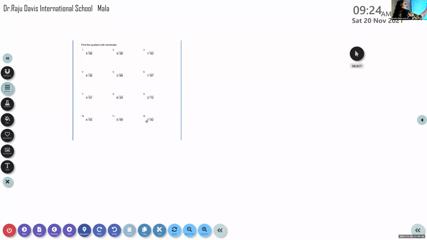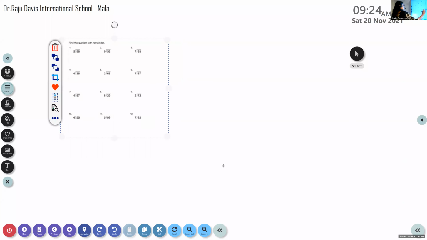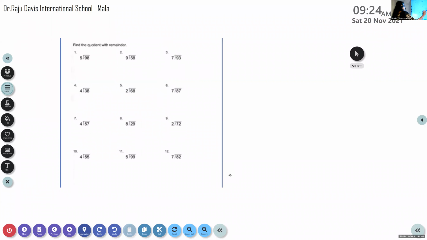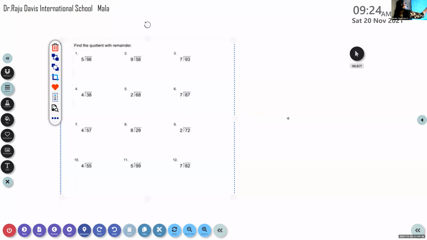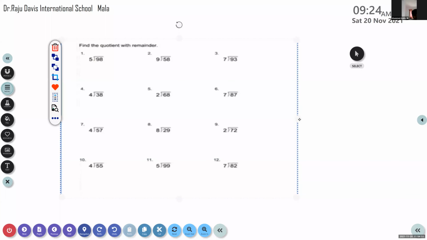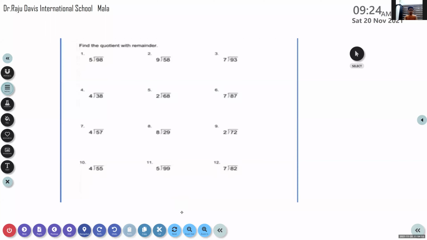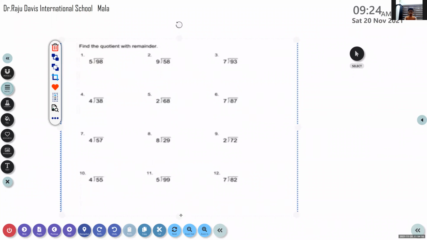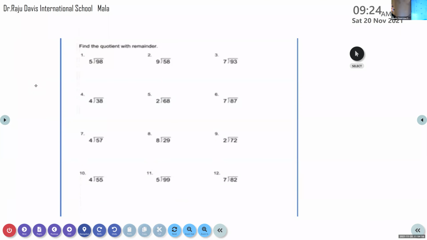This is the worksheet. I will tell you how many questions have to be done. Is the worksheet clear? Can you see the numbers clearly? Yes. Ma'am, how many questions do we need to do? I will tell you.